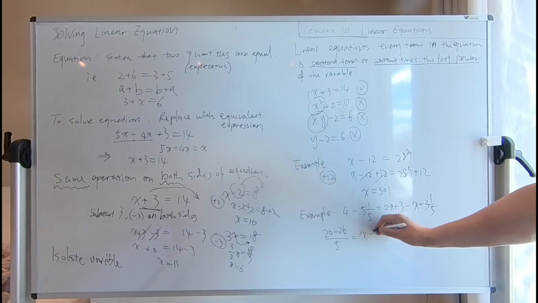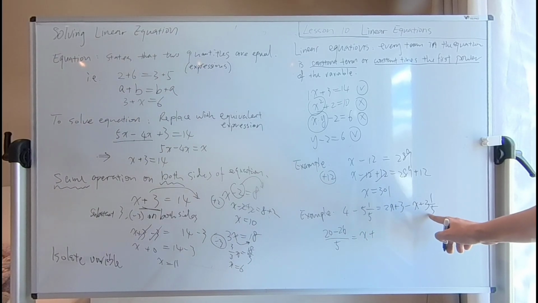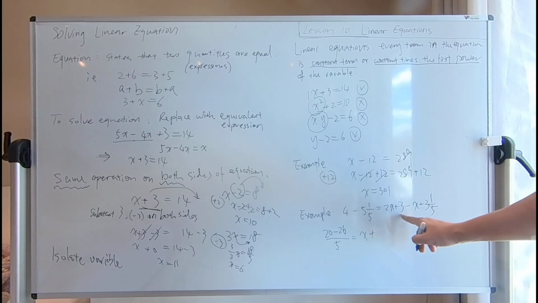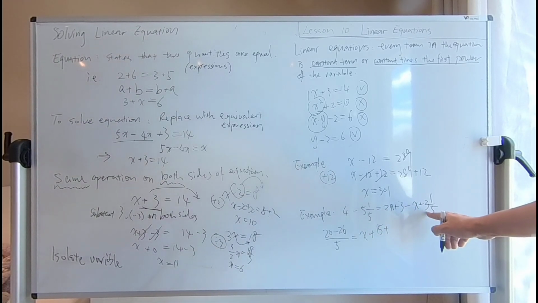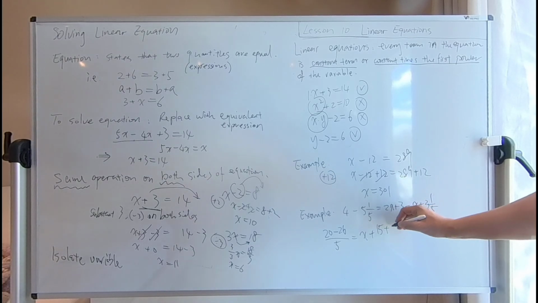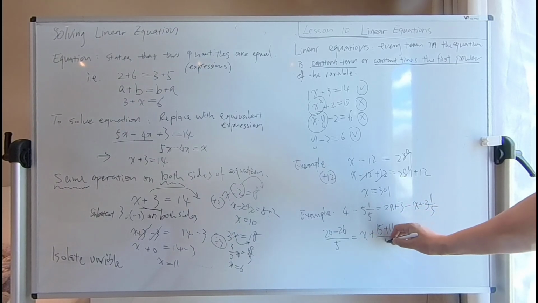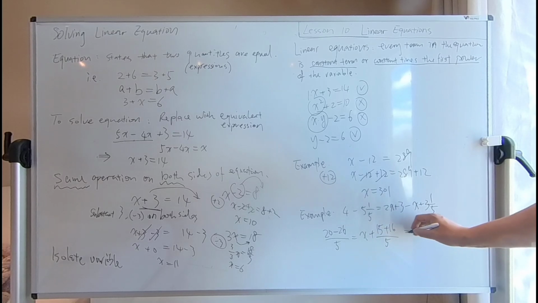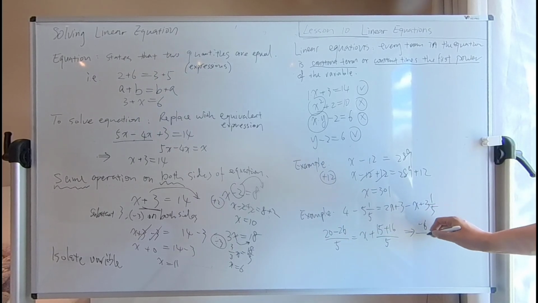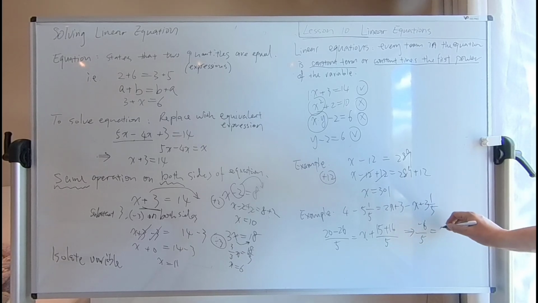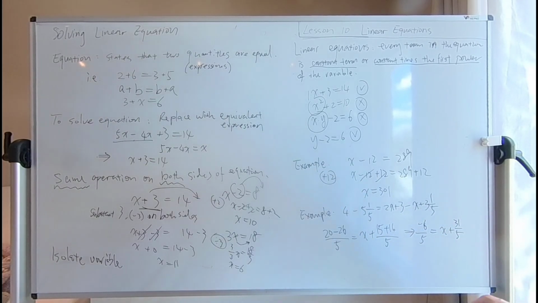Constant terms, I have 3 plus 3 and 1 over 5. The common denominator is 5, so 3 becomes 3 times 5, which is 15. This mixed number becomes a single fraction of 3 times 5 plus 1, 16 over 5. So I have minus 6 over 5 equals x plus 31 over 5.